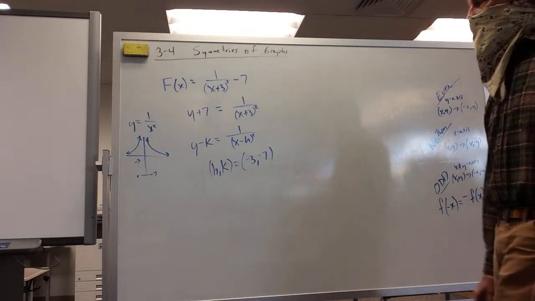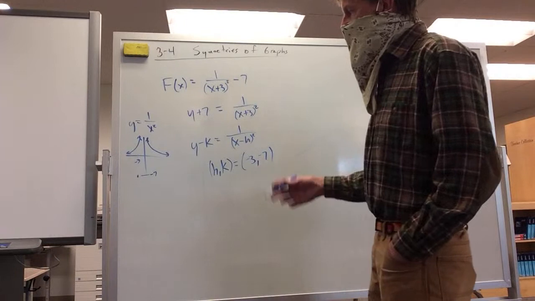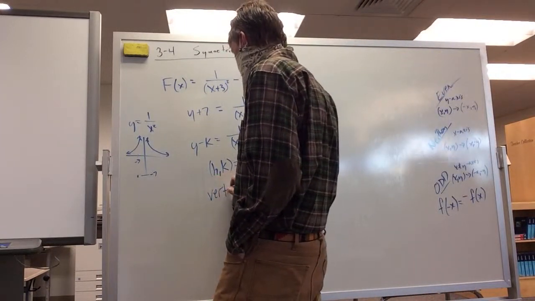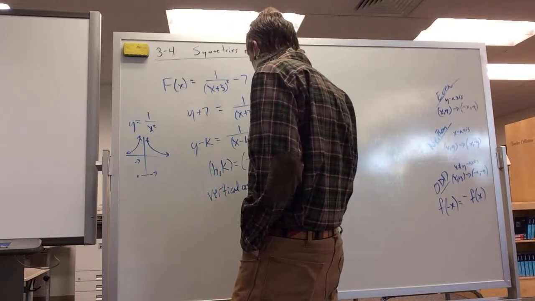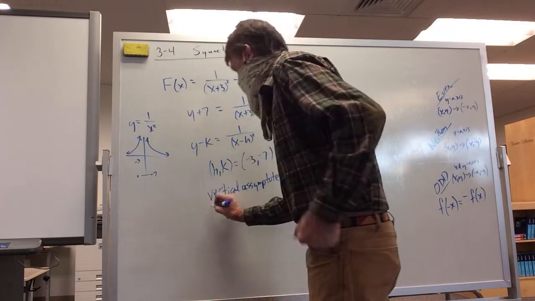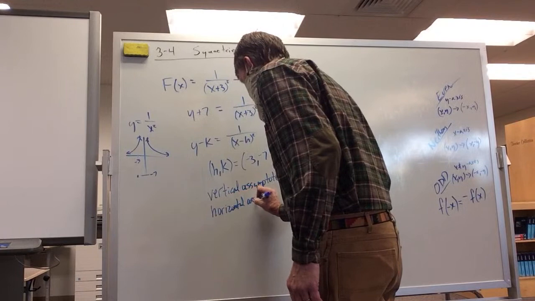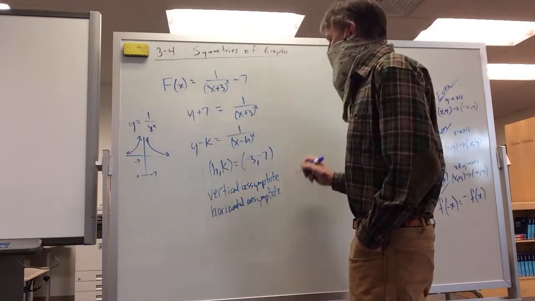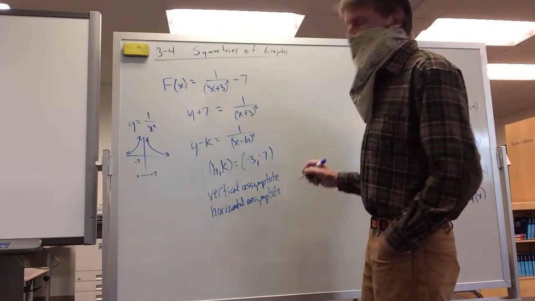It's just moving it. But we have to be careful now. We need an x equals and we need a y equals. We have both: a vertical asymptote, and then a horizontal asymptote. So the vertical is always gonna be written how? x equals.